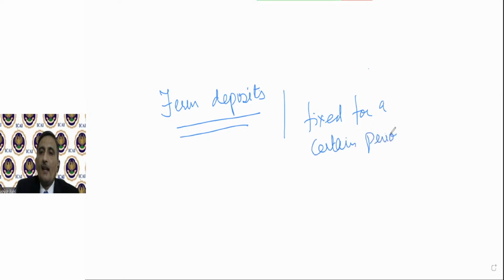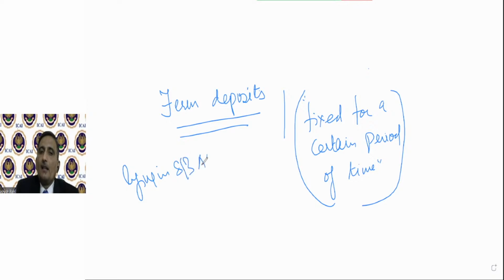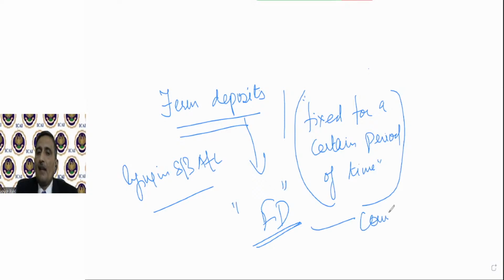Say if I am having surplus funds with me, instead of letting them lie in a saving account, I make a term deposit, which in common language we call FD, fixed deposits.